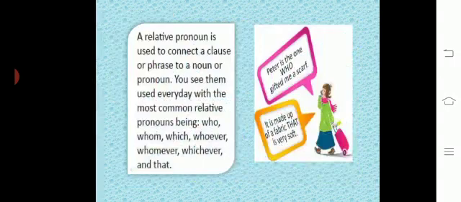But as far as your syllabus is concerned, I told you that we are concerned more in detail with one type of pronoun, that is relative pronoun. I already explained that to you. Still, let us take a quick revision.